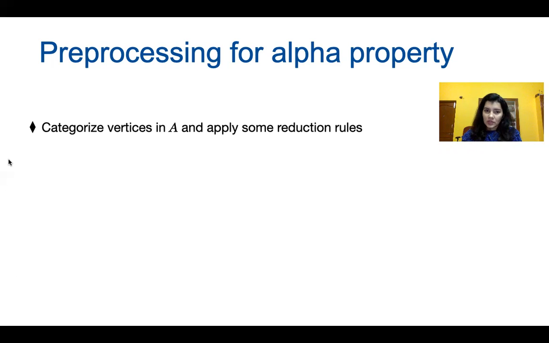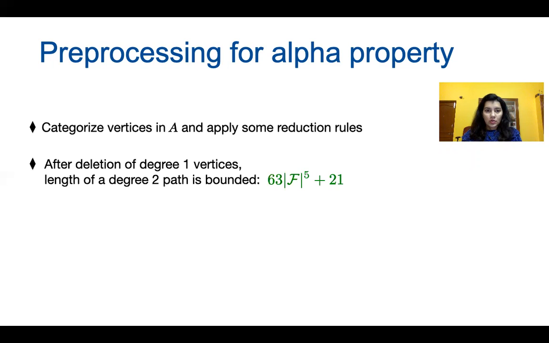We apply some reduction rules which cannot be talked about in detail here, and ultimately what we get is that after deletion of all degree 1 vertices, the length of any degree 2 path, a path containing only degree 2 vertices in the graph, is bounded by a value which is polynomial in the size of the family that we were retaining.